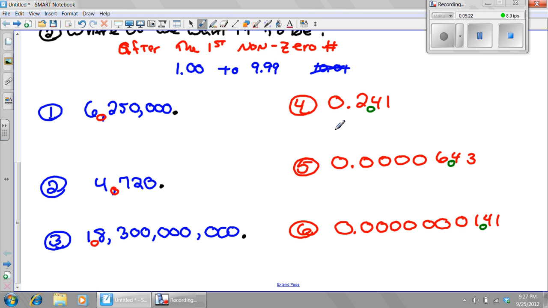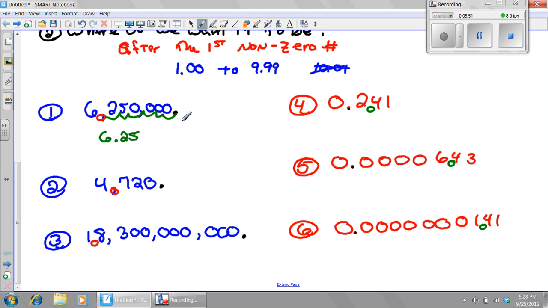Now, in the red problems, you can see the decimal point is already identified. And here's what happens. I take this decimal point, and I have to move it to where I want it to be, after the first non-zero number. 1, 2, 3, 4, 5, 6. So that's where the new decimal point is, and my number becomes 6 and 25 hundredths.